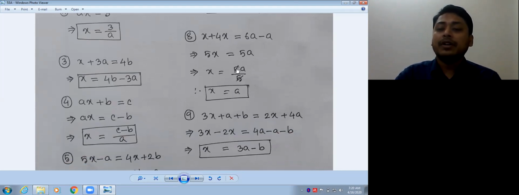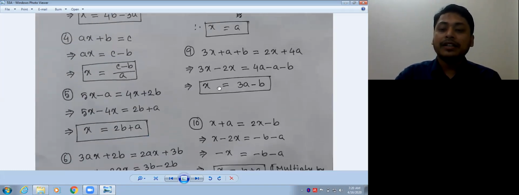Now x equals 5a divided by 5. And this 5 and that 5 can be cut together because there is a multiplication form. Okay, 5 and a, so we can cut. If it would be 5 plus a, we cannot cut.